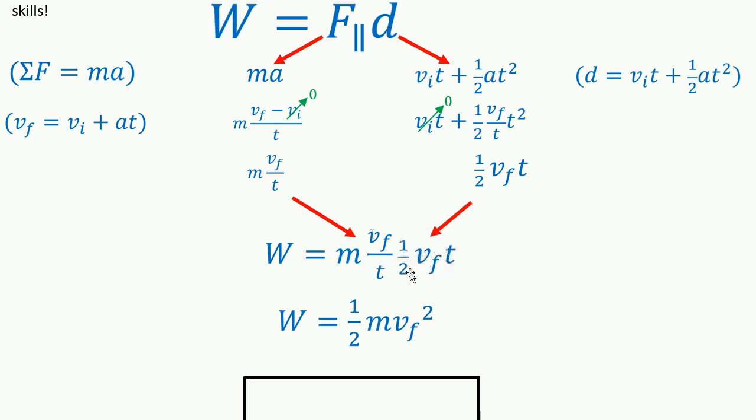So when I get rid of that t and turn that into a VF squared, and shuffle things around a bit, I get the work that is done to get a car from rest up to that VF speed, that speed when it's going past you. That work can be expressed as 1/2 times the car's mass times the speed it's going past you at squared. And that is another way of saying the kinetic energy, the work that's done to get it from rest up to that current speed.